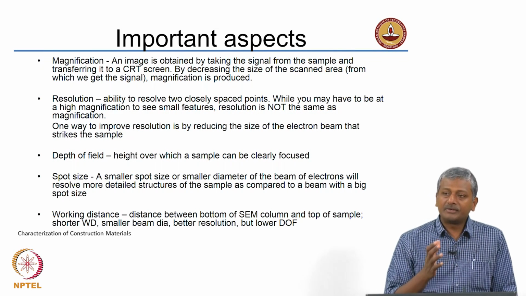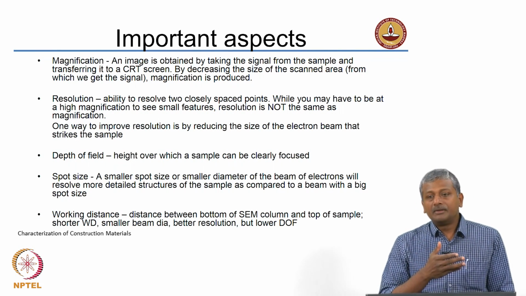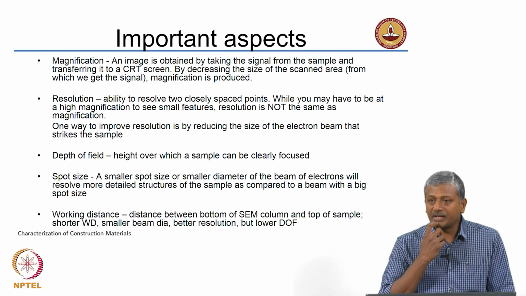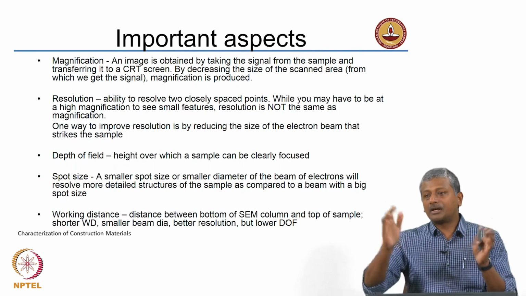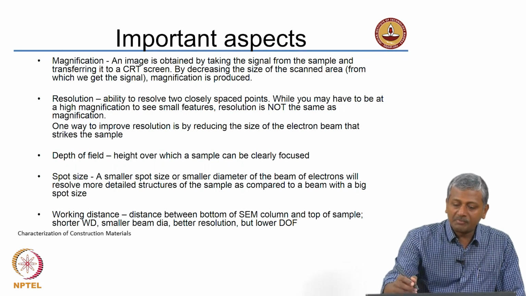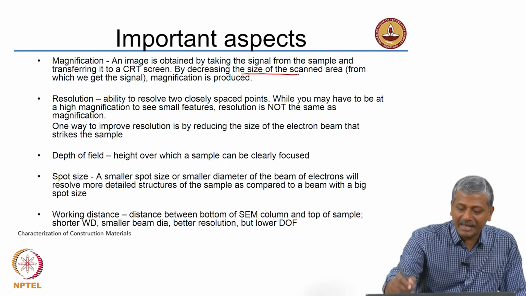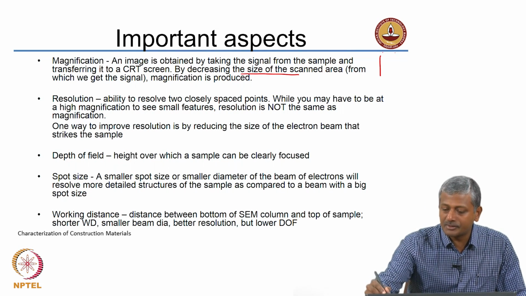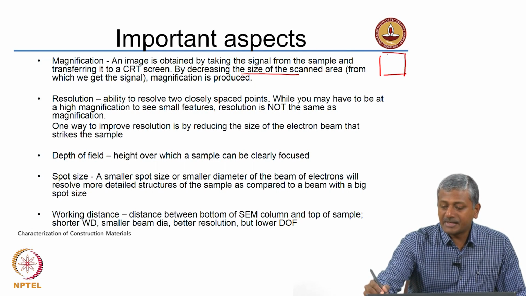Now, similar to optical microscopy, we also have the same sort of terminology as far as SEM is concerned. Of course, magnification, you are just making a small location appear larger. But what is magnification in terms of SEM? What you are simply doing is decreasing the scanning area. So, please remember in SEM, if this is your sample, your scanning coil is scanning a certain area here.